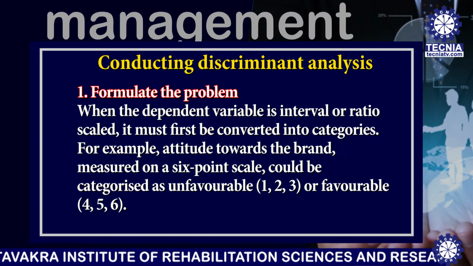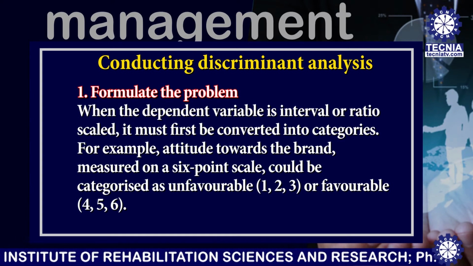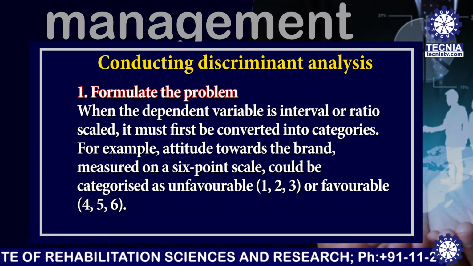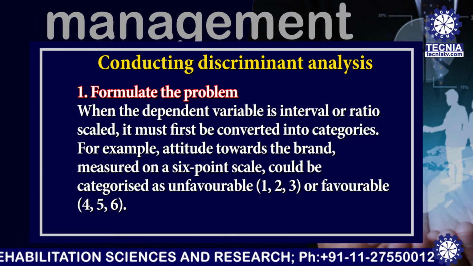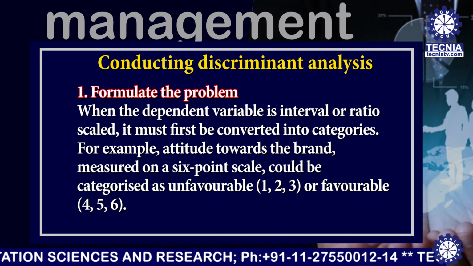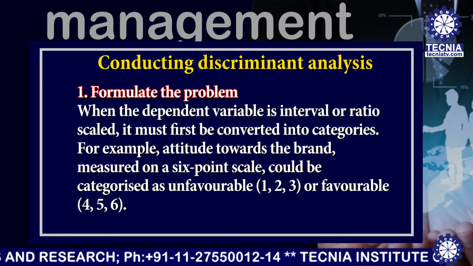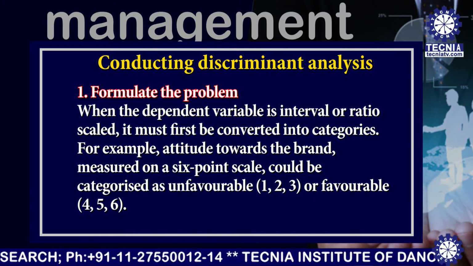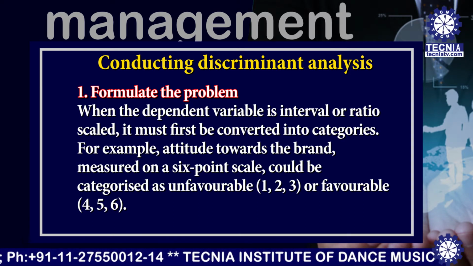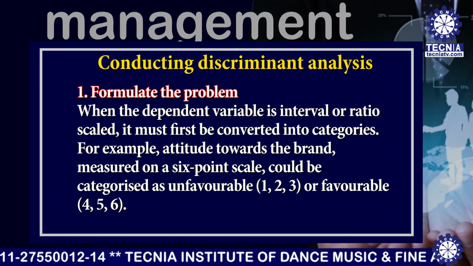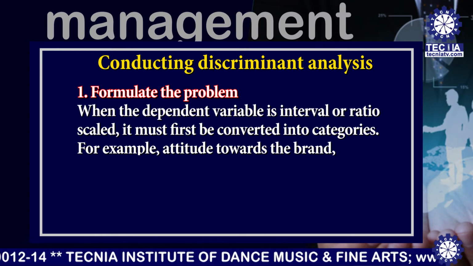When the dependent variable is interval or ratio scaled, it must first be converted into categories. For example, attitude towards the brand measured on a 6-point scale could be categorized as unfavorable, which is 1, 2, 3, or favorable, 4, 5, 6.